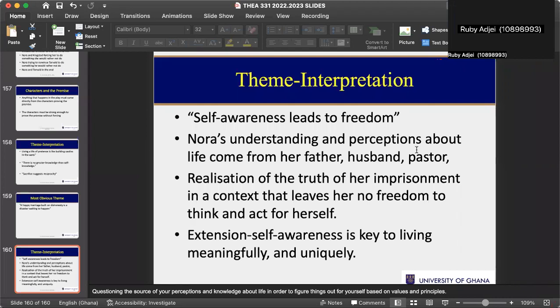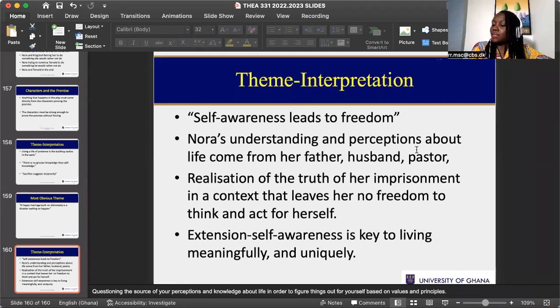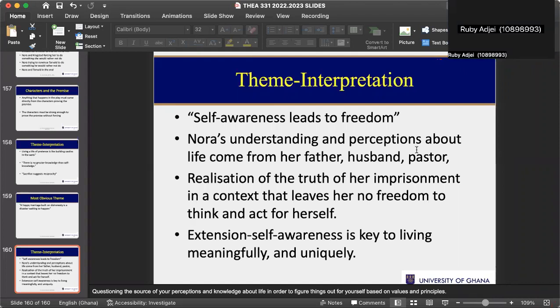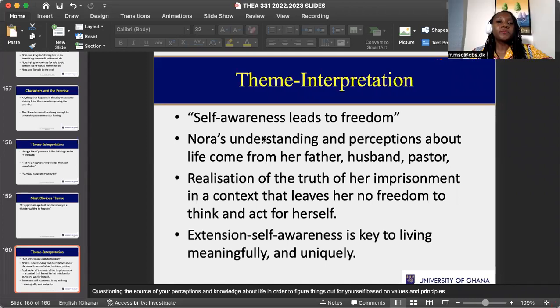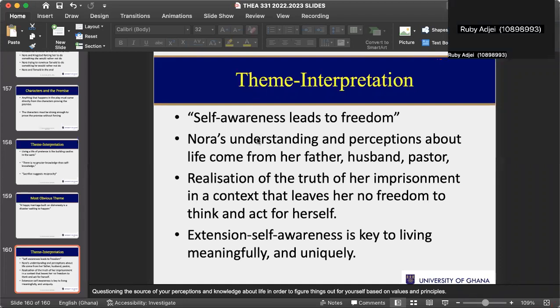Ruby AJ. Good morning, madam. Good morning. Madam, please, I wanted to ask if you could extend the deadline for the individual assignments and the group work. It's a plea, please. Individual and the group work. Yes, please.